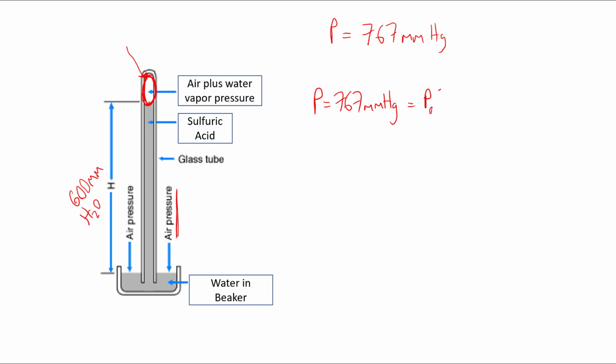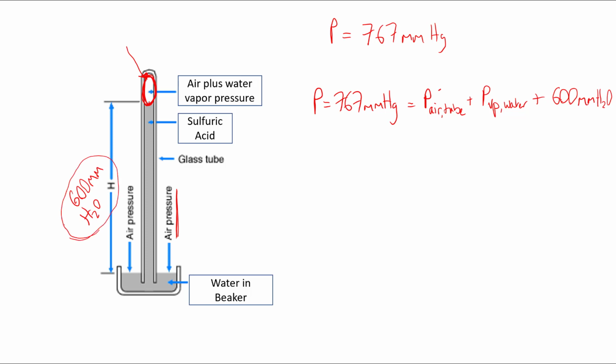So we're going to put down the pressure of the air in the tube plus the vapor pressure of water plus now the 600 millimeters of water. All these things are going to add up. Here's the 600 millimeters of water.